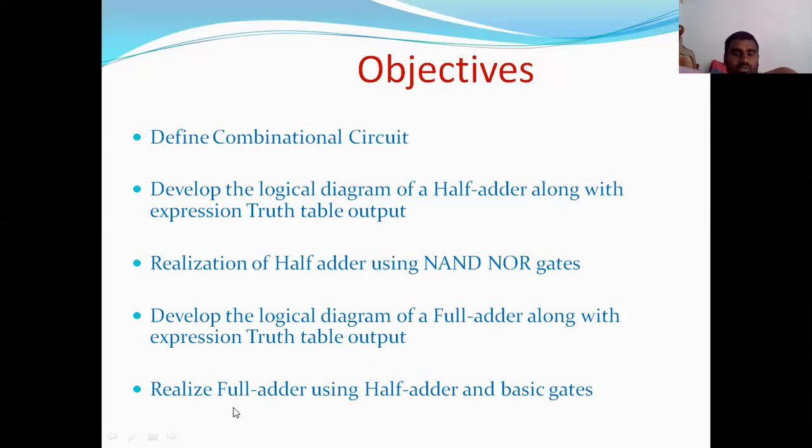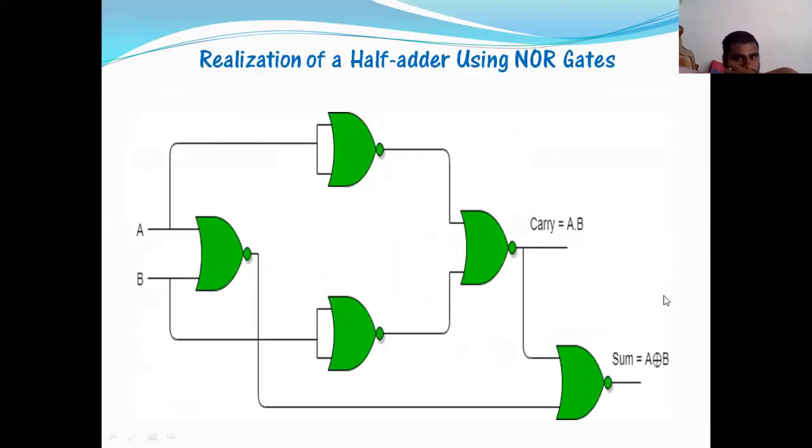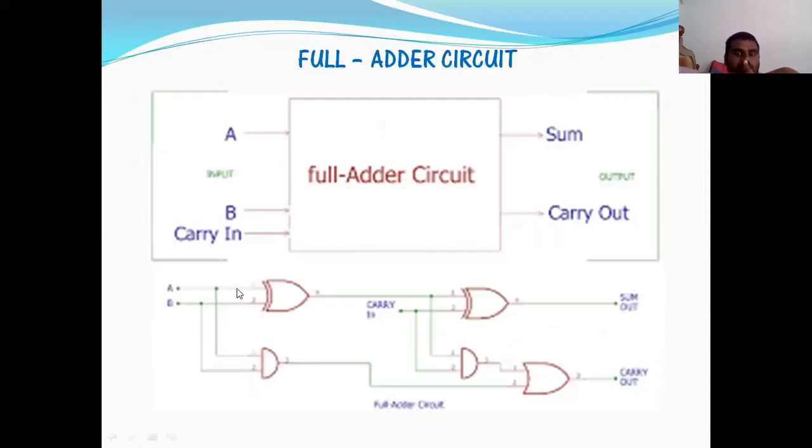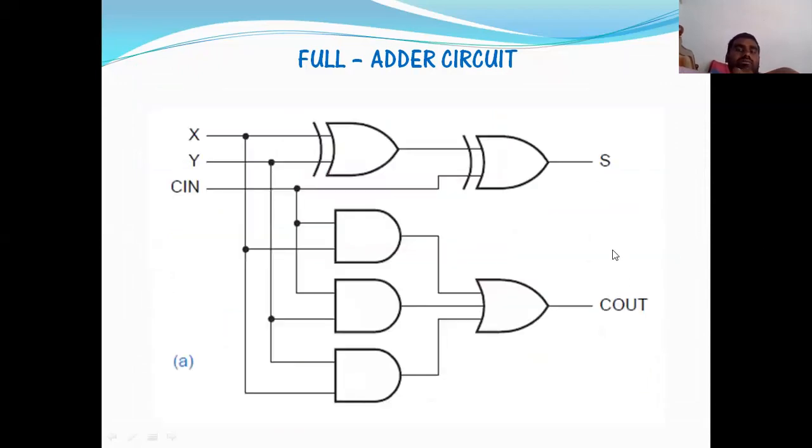And here we did not cover the realization of full adder using half adders and basic gates. Okay, this is also covering full adder using half adders. So we are using two half adders and also one OR gate. So this is the diagram for that. Two half adder circuits and one OR gate. So this is also covered, and this is the full adder circuit.